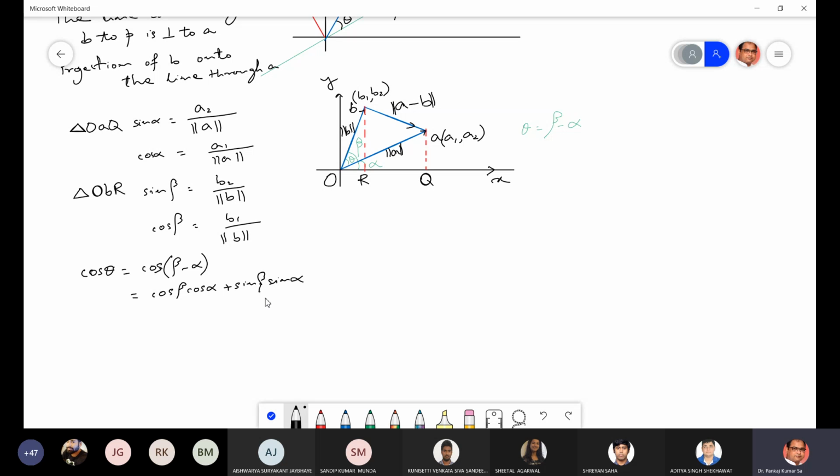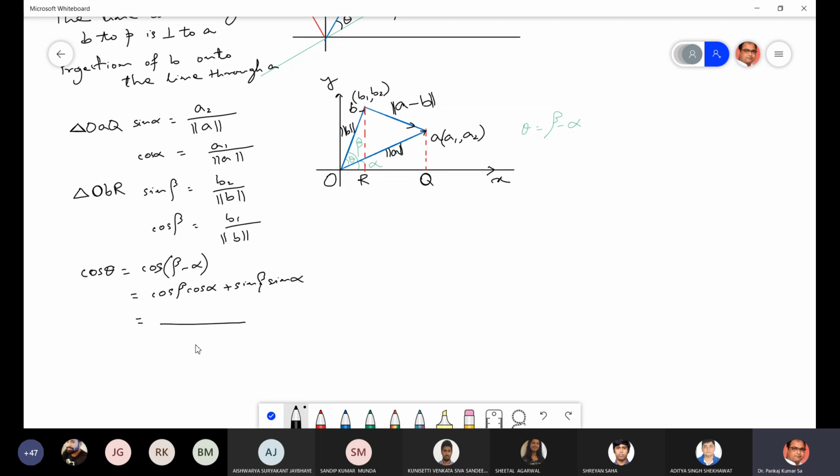Cos beta cos alpha minus sine beta sine alpha. Yeah, that's right. So I can write it as cos beta cos alpha, which is nothing but A1 B1 by A norm B norm, and sine alpha sine beta is A2 B2 by A norm B norm.